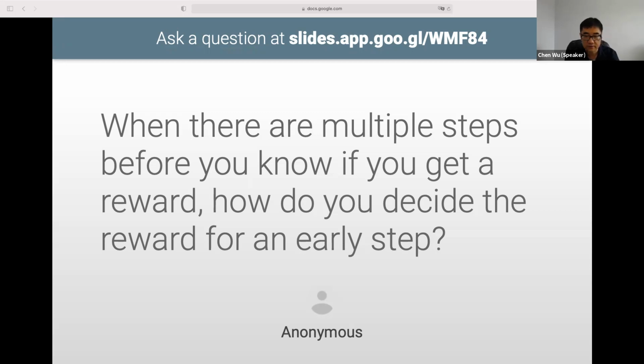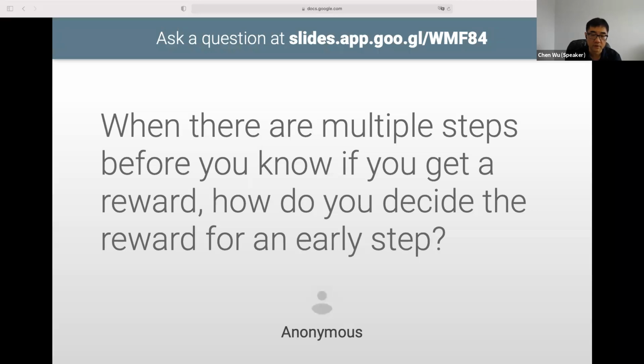But that's just one example. You could use some other alternative way to give some staged reward to the system, but reward shaping is kind of an art.